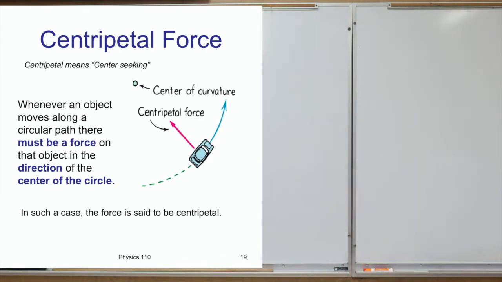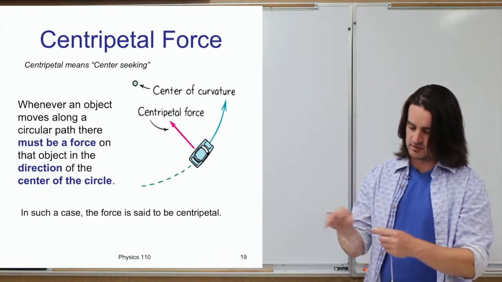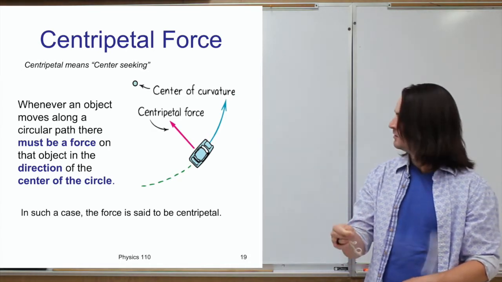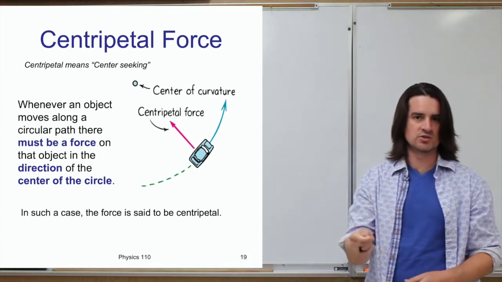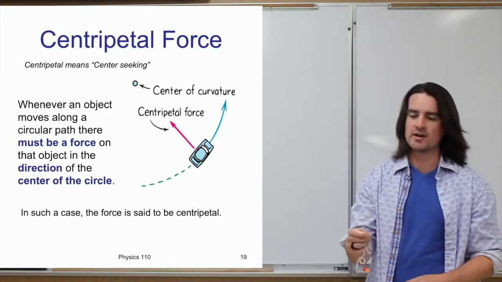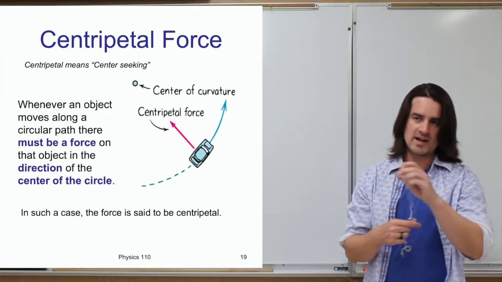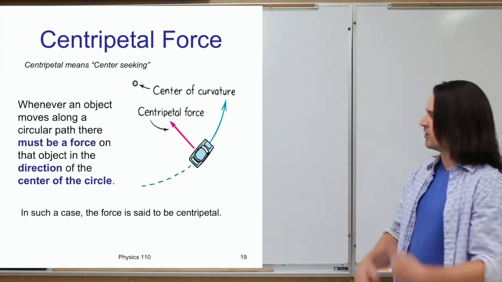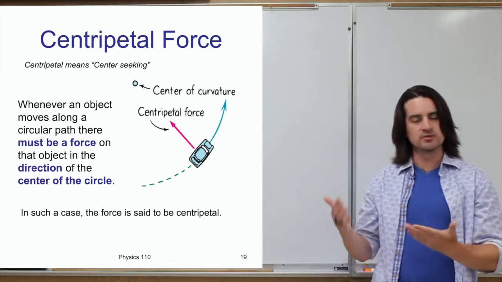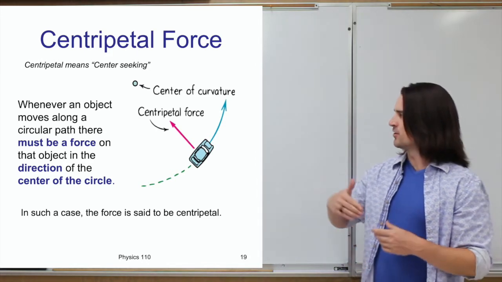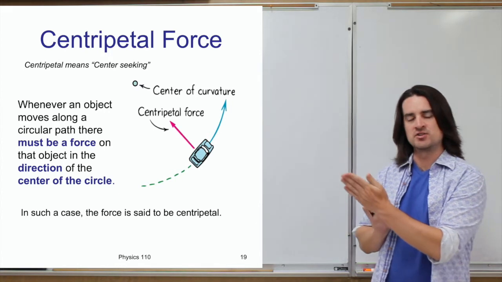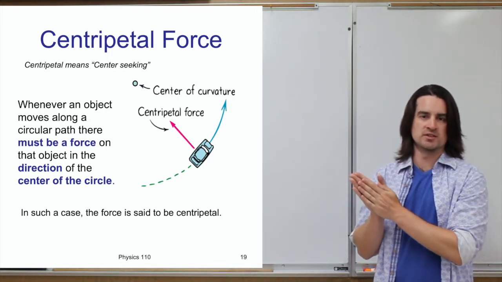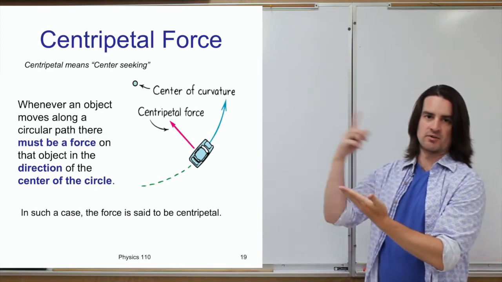or, well, if you just have a little object at the end of a string, then you can twirl that thing around on a string. Right? Another example of this circular motion. And so these objects are following a circular path, and as it turns out, if you ever want an object to continue following a circular path, there needs to be a force that's acting on the object and that is pointed towards the center of the circle that it's turning around.